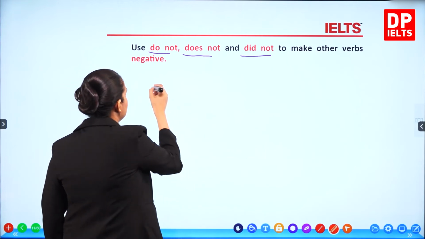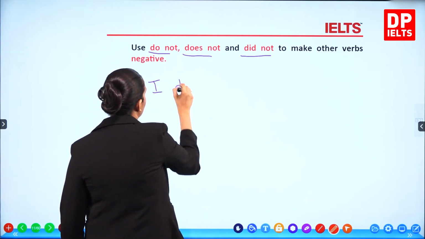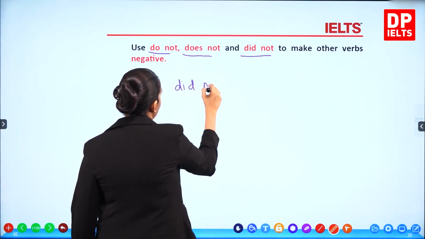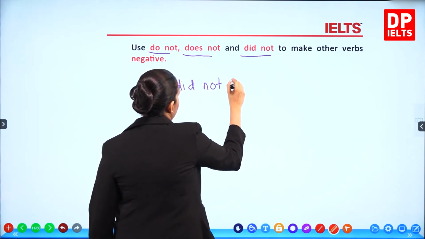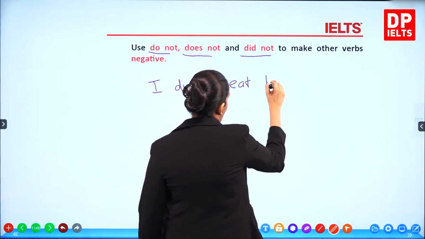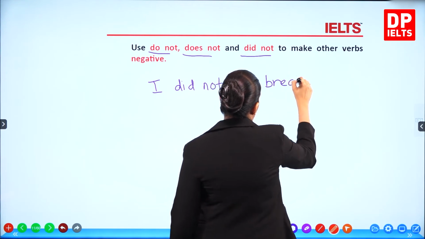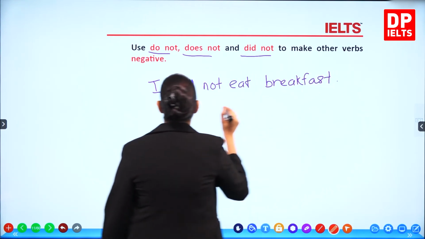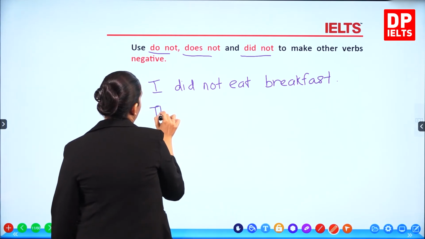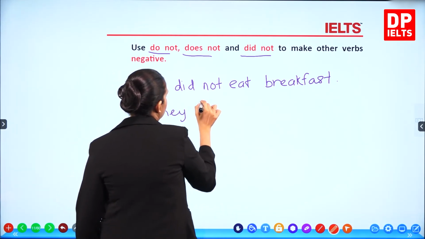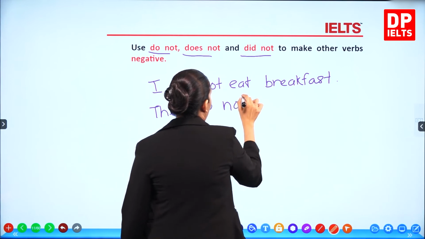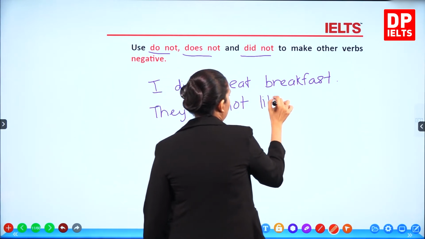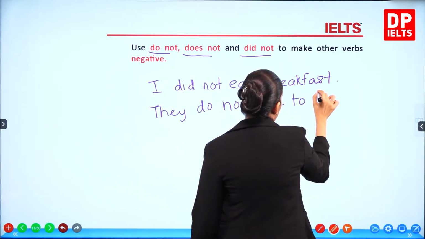Right? So you can say I did not eat breakfast. You can say they do not like to travel.